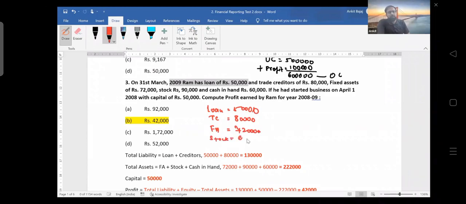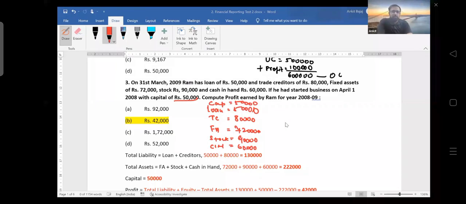And cash in hand is given as 60,000. He started business on 1st April 2008 with a capital of 50,000. So we have to find out the profit which has been earned by Ram.